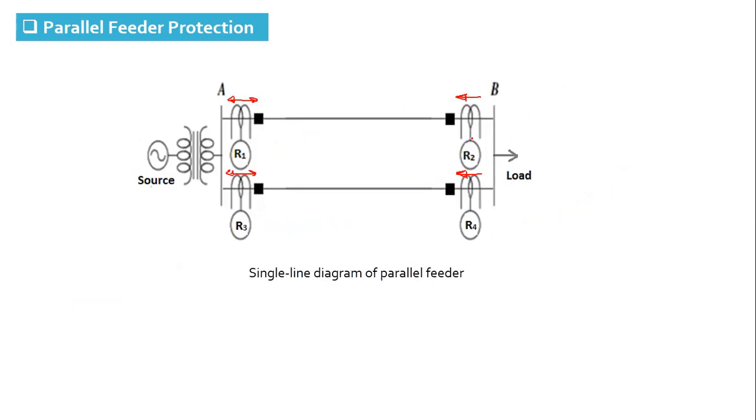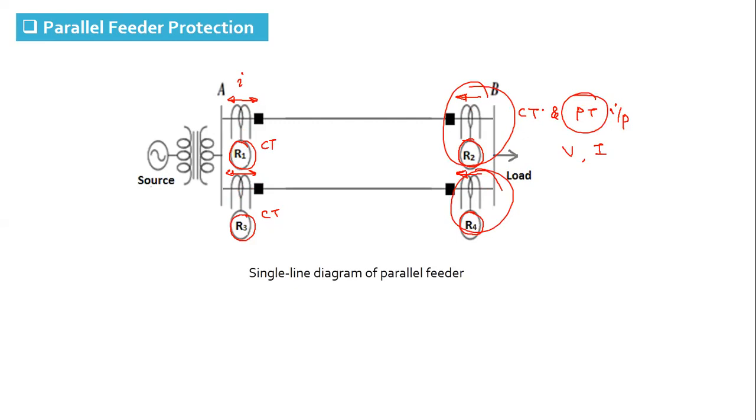So the inputs to R2 and R4 will be from CT as well as PT, because we require both voltage and phase. Whereas in the case of a non-directional relay, only current input is given, from CT. So for these two relays, we also require PT, that is a voltage input.